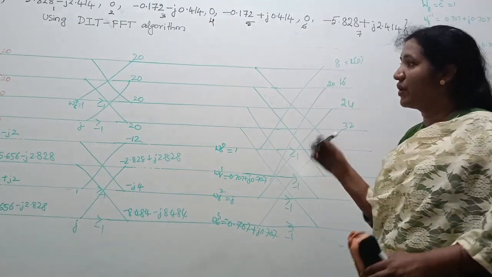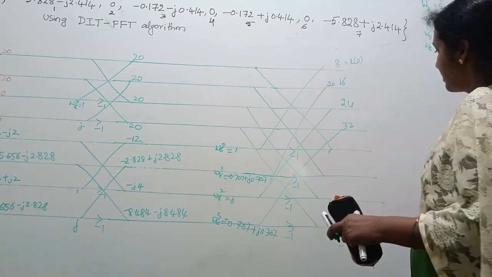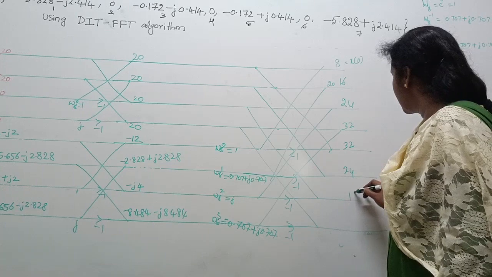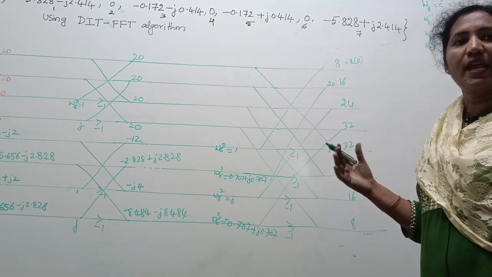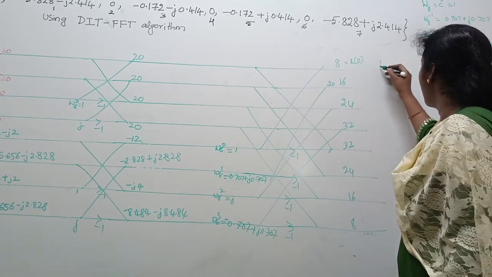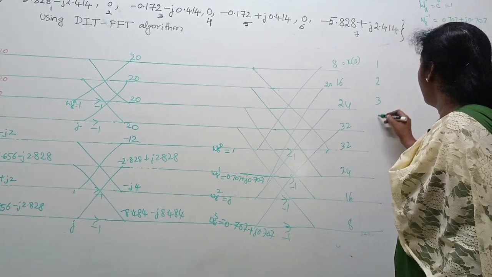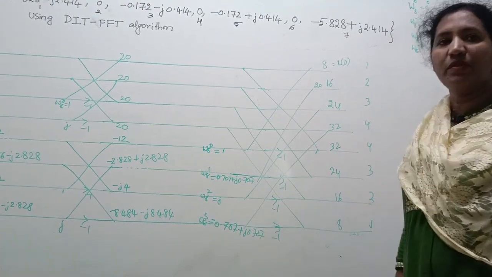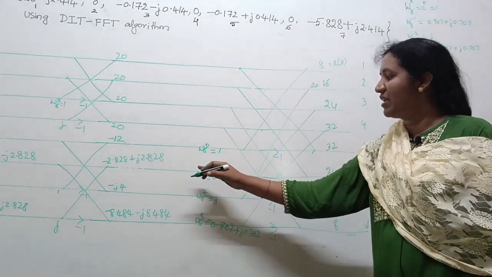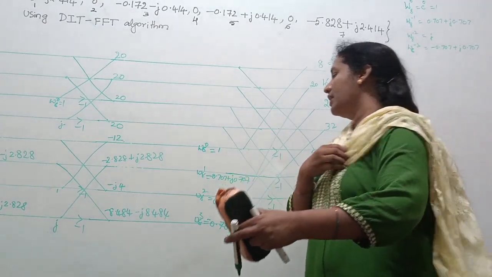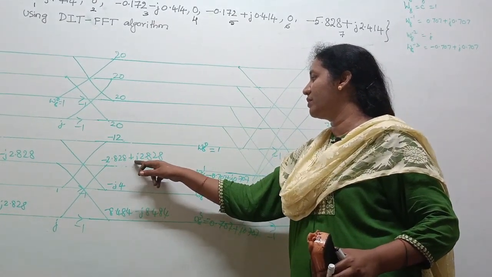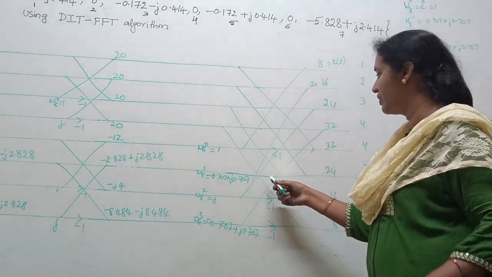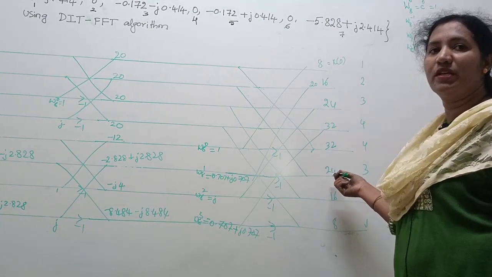So since your values are like this, we can expect the other values will be like this: 32 here, 24, 16 and 8. If you take 8 as common, then you will get 1, 2, 3 and 4, 4, 3, 2, 1. In a simplified manner, I am not computing the multiplication here, but if you compute the values minus 2.828 plus j 2.828 carefully, and multiply it with minus 1, then at this point definitely you will get this value.